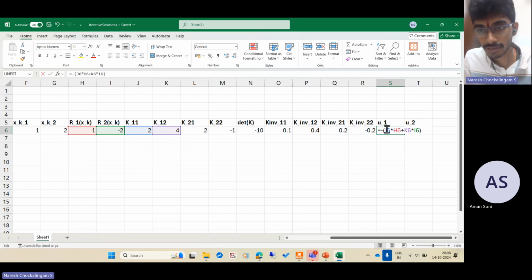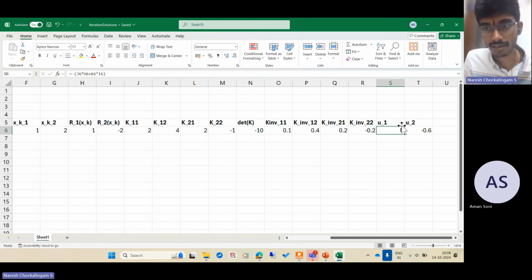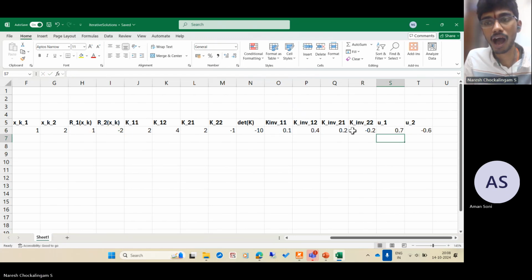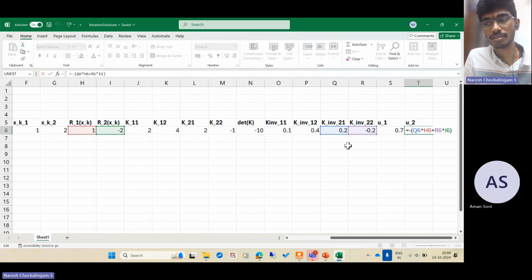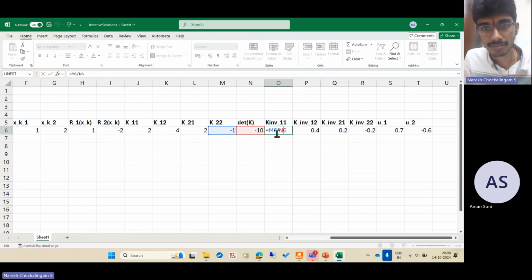Okay, it's not k11 in this thing, it's k inverse. So let us see. This is k22 by determinant.